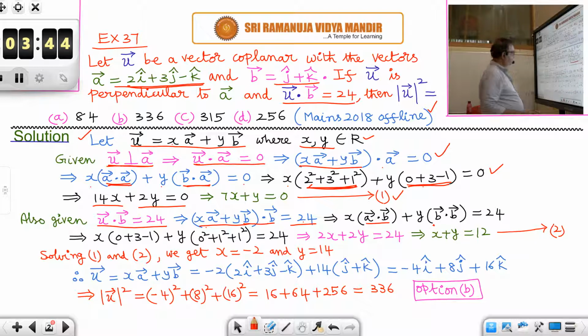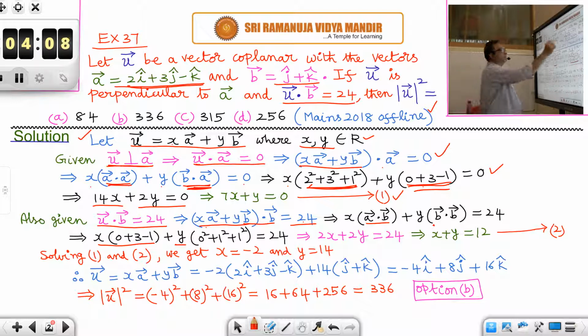a dot b we have to calculate, okay. x into a dot b already we have calculated here in the bracket. This is nothing but a dot b or b dot a, same only, is it not? So x into a dot b is 0 plus 3 minus 1, plus y into what is b dot b? Mod b whole square.